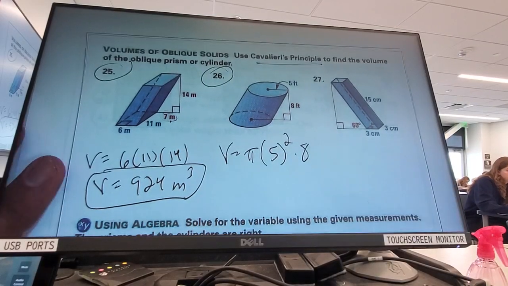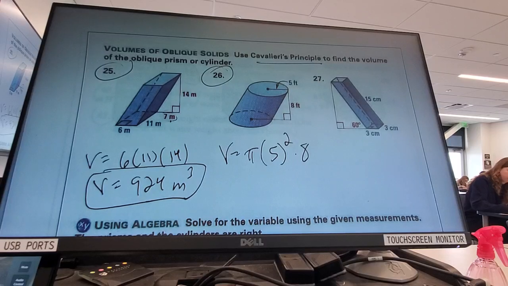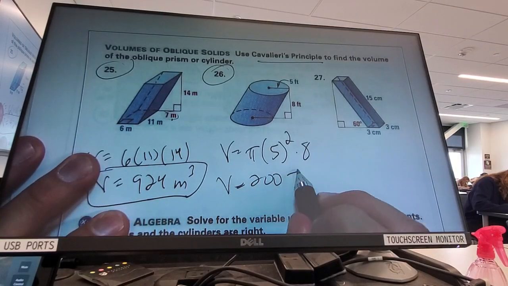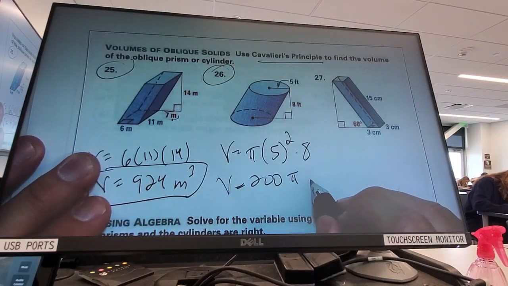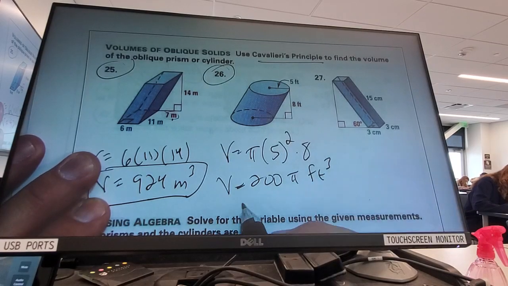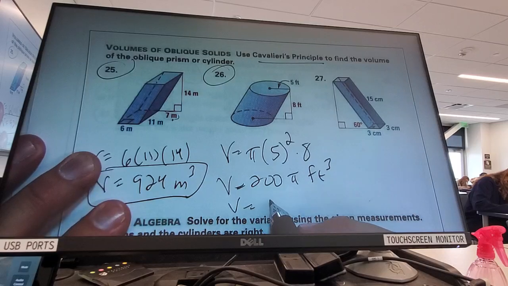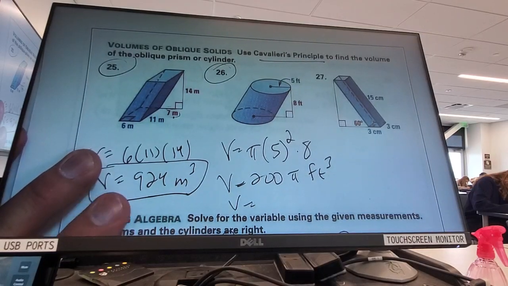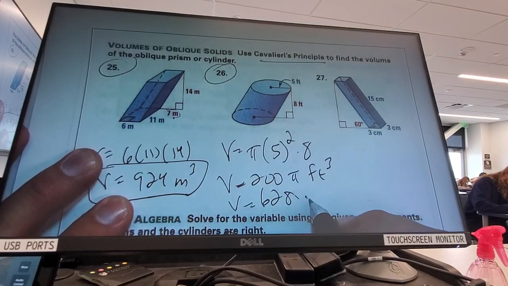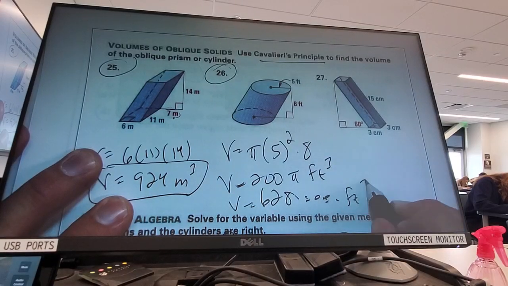Man, you guys are not going to play along today. Okay. And then that would be 200 pi, I think, right? And then you can approximate that. What would the units be? Feet cubed. I like it. And then it would be like 628 point something or other cubic feet.